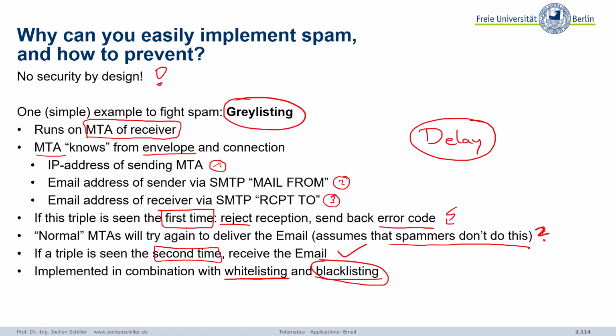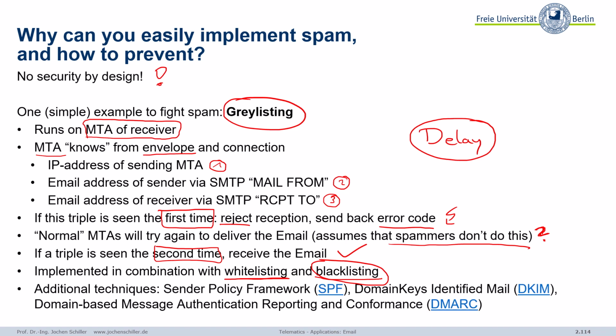What are some additional techniques? We cannot go into all the details because this would make you maybe email professionals, but we have so many topics to cover. Just some pointers to 3 more systems, quite often used in combination, so greylisting plus, for example, Sender Policy Framework, DomainKeys Identified Mail, and Domain-based Message Authentication, Reporting, and Conformance.